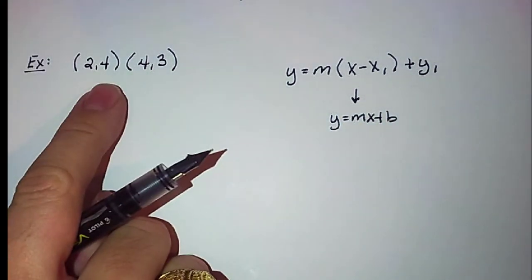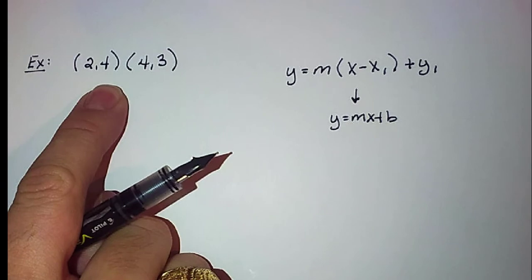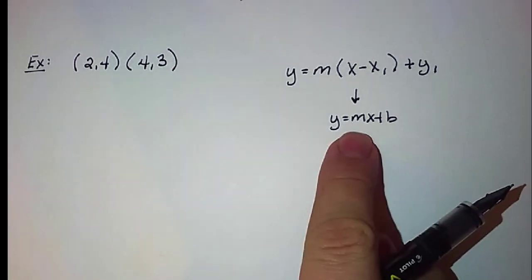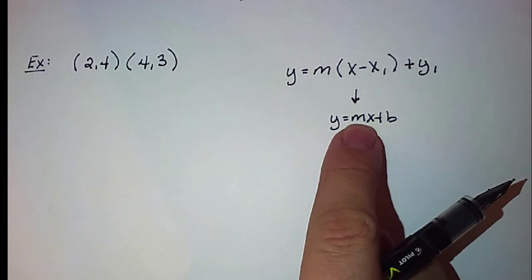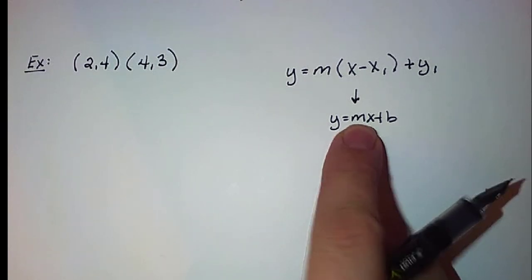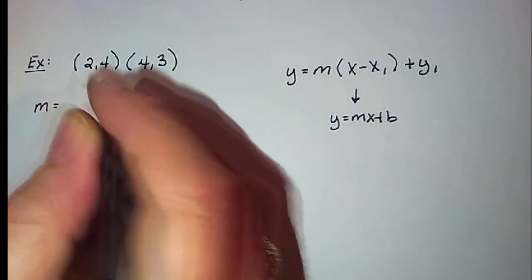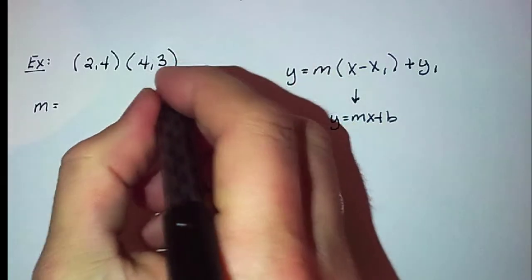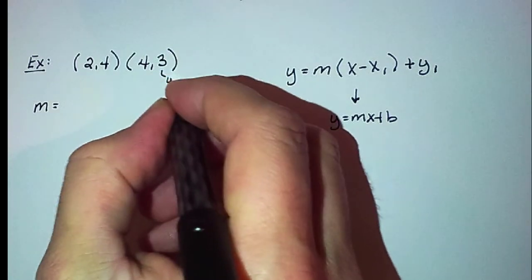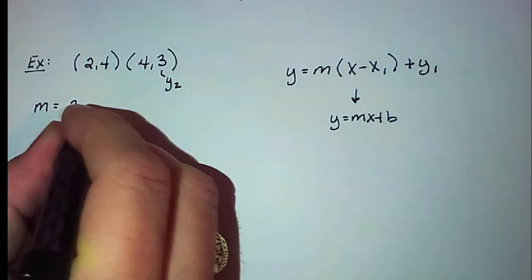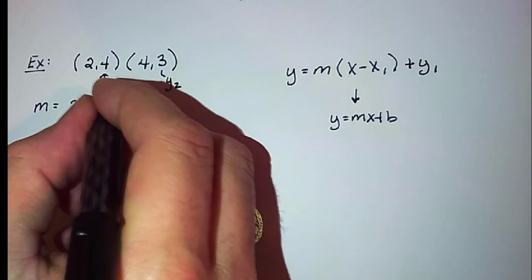So I want the equation of a line here in slope-intercept form. So before I do this, I need to know what my m is. Okay, I need to know what my slope is. Well, we can do that. My slope is going to be m is equal to my y2. This is my y2, the second y value. So 3 minus y1. Well, this is my y1.